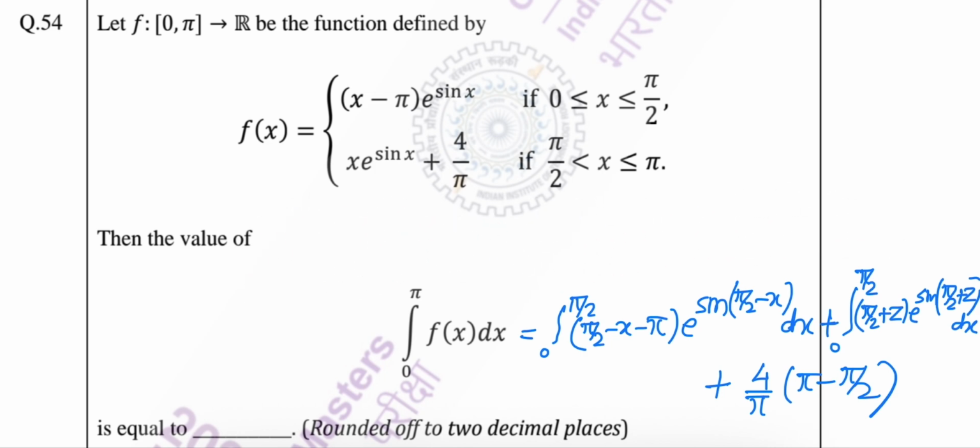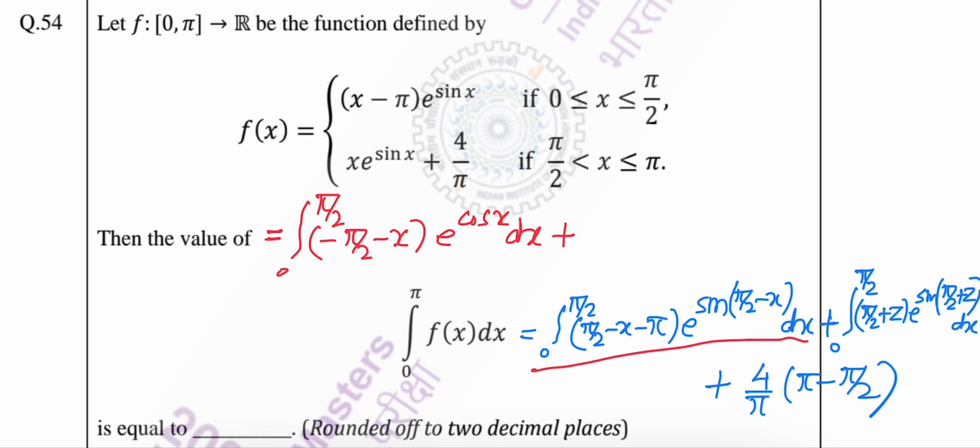what is written in red, and the next step I write in red. 0 to pi by 2, here will be (minus pi by 2 minus x) e to the power cos x dx, plus I have written for this one.